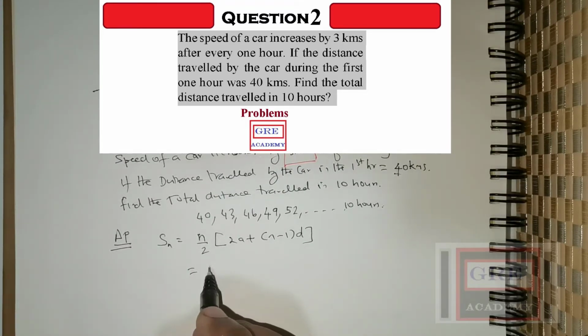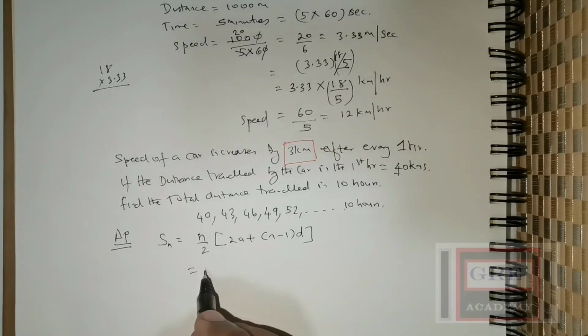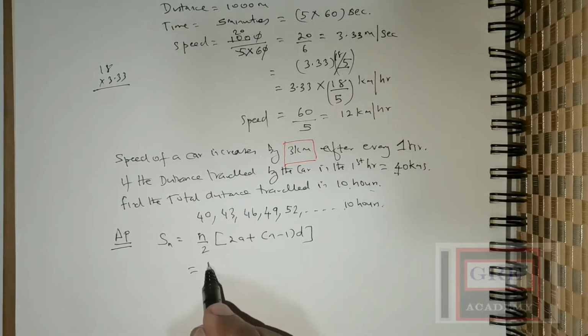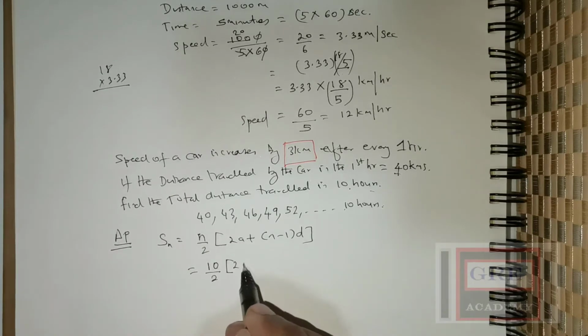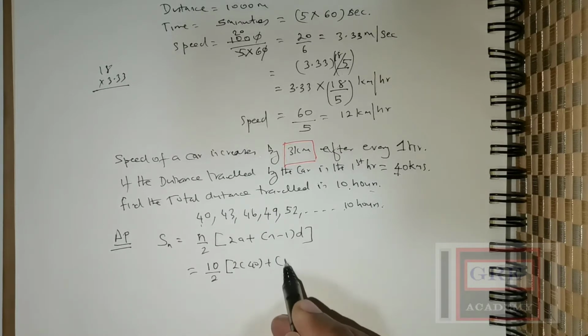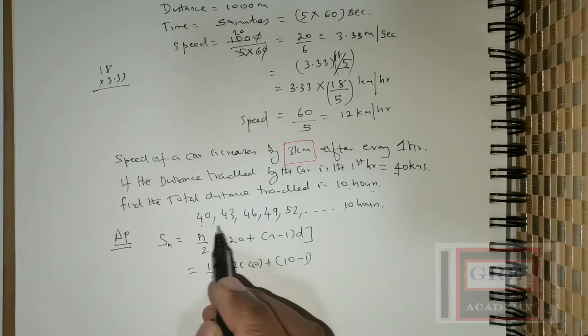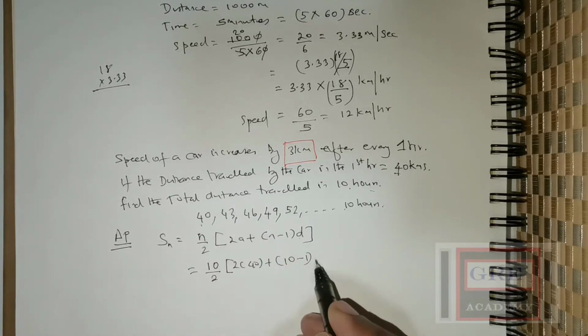Now the total number of terms that we are given here is going to be 10, right? So that has to be divided by 2, and 2 times the first term is 40 followed by 10 minus 1 times the difference. D is the difference, so the difference between the first and the second is going to be 3.